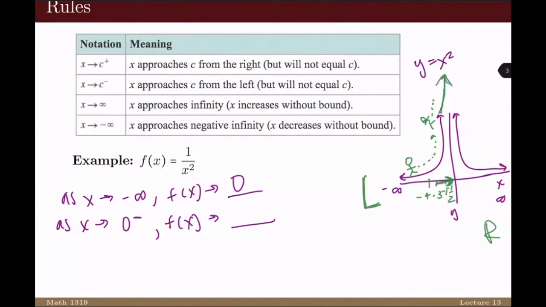And what is up this way? Well, that's infinity. So that means as x approaches 0 from the left, our y is actually approaching infinity.